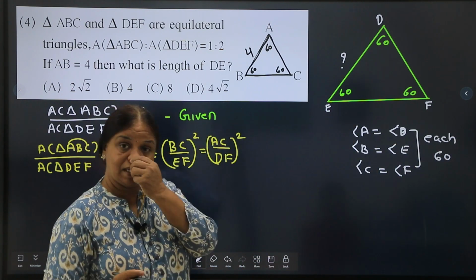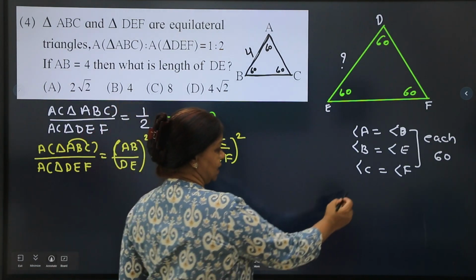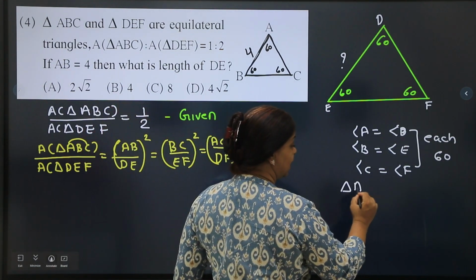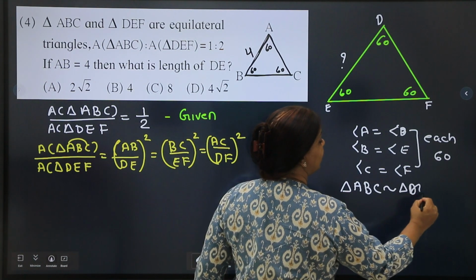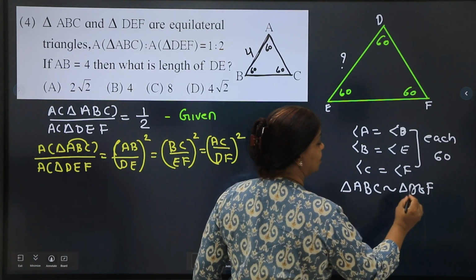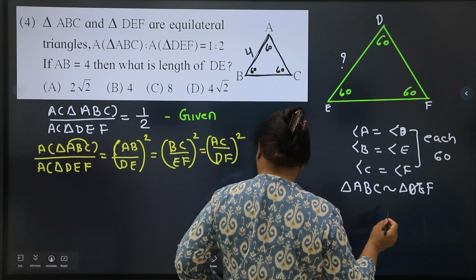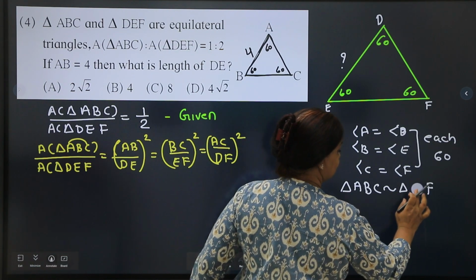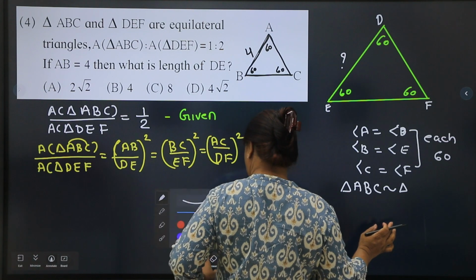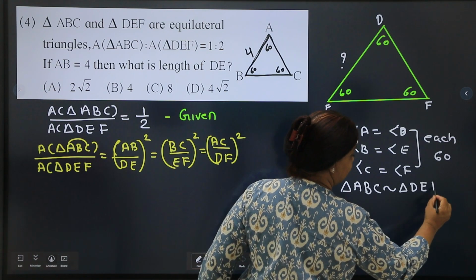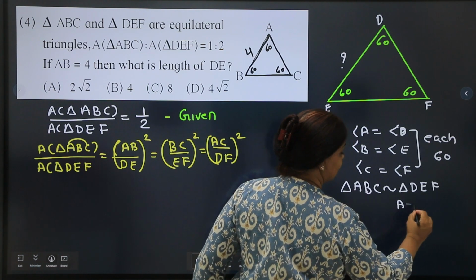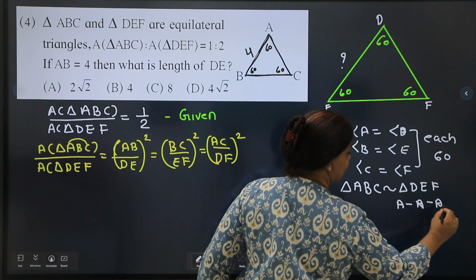And if each angle is equal, then I can say triangle ABC is similar to triangle DEF by which test? Angle, angle, angle test.